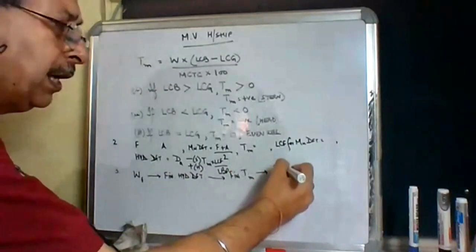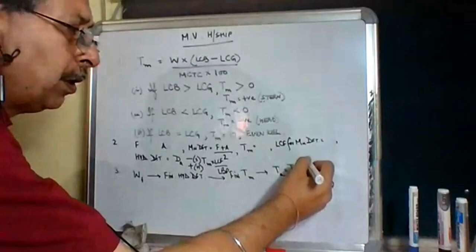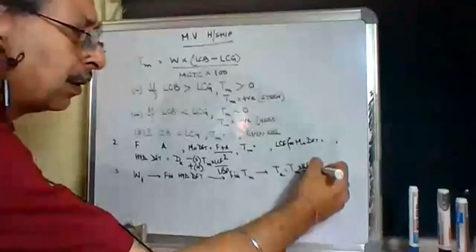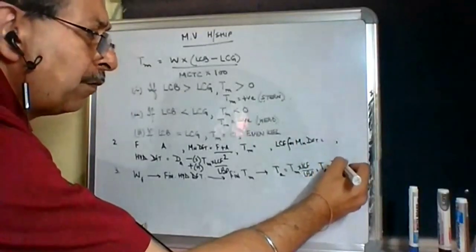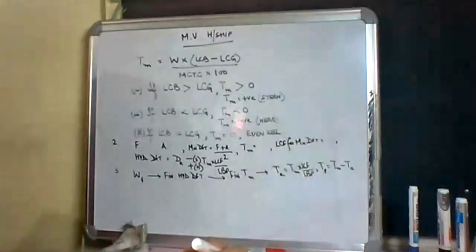You will find out the TA, which is trim into LCF upon LBP. Similarly, TF is equal to final trim minus TA.